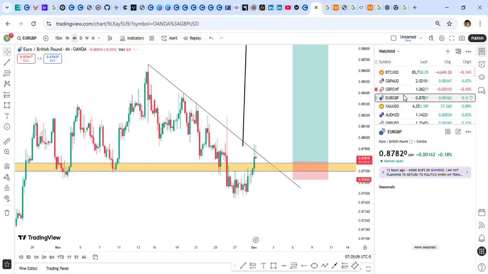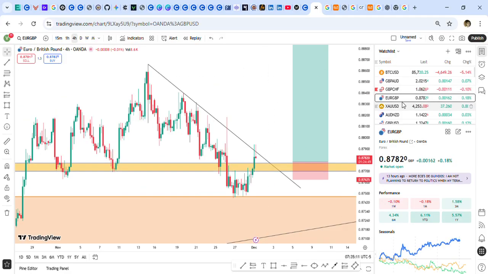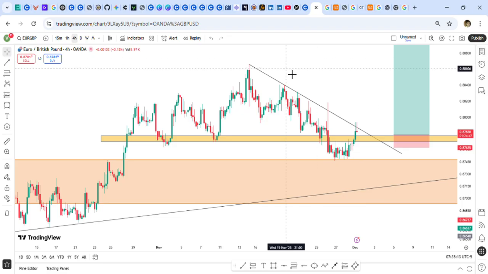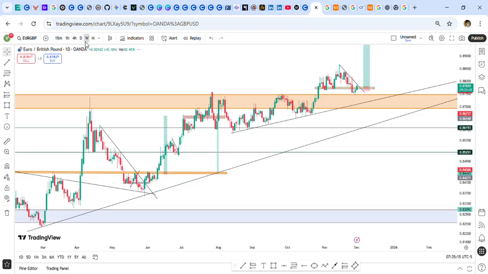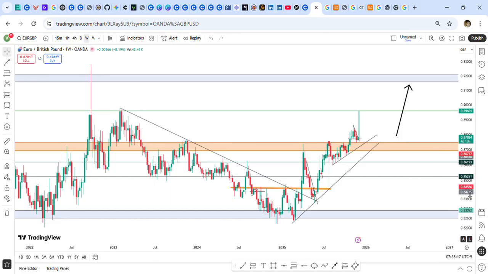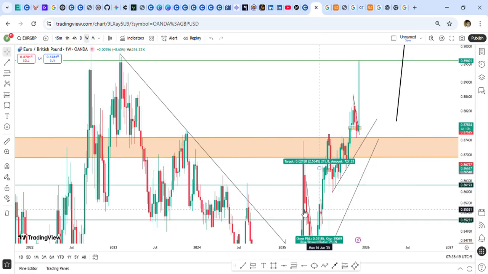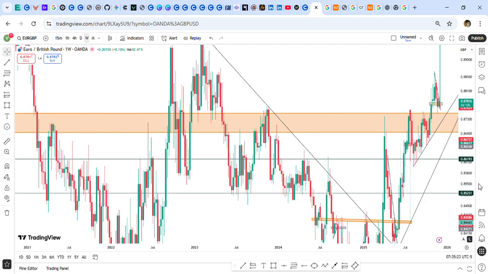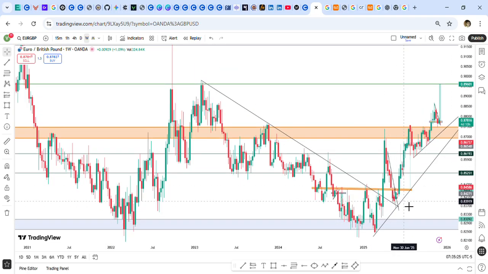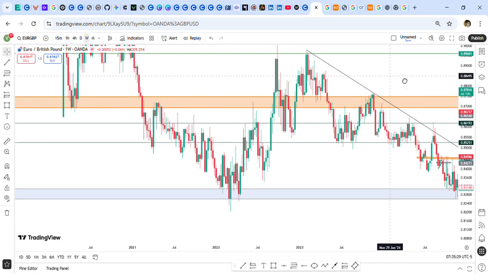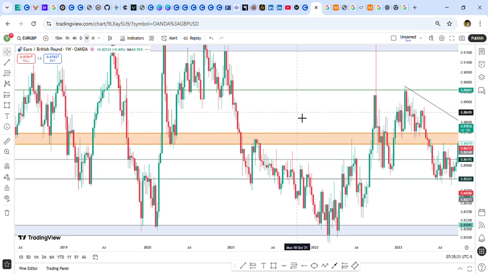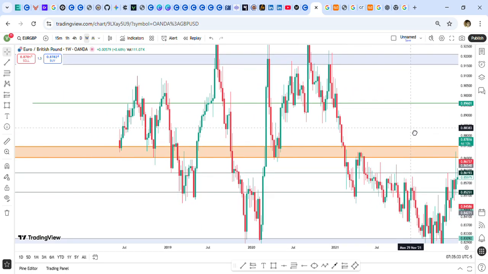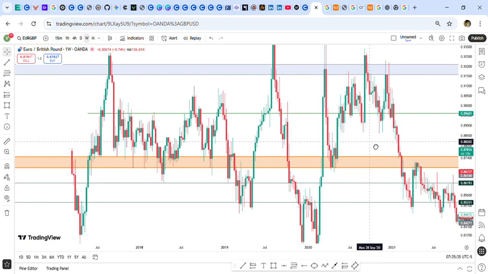GBPAUD. For GBPAUD, the market has been showing a bullish trend. It will be showing higher high, higher low, higher high, higher low, higher high. The breakout of this zone. This is my zone, I call it zones.